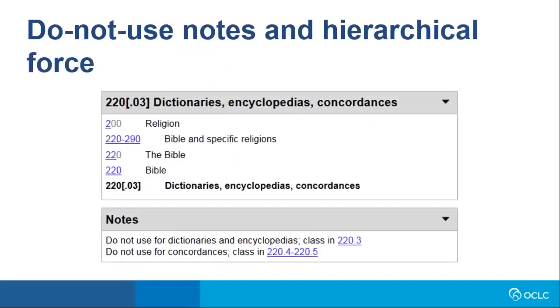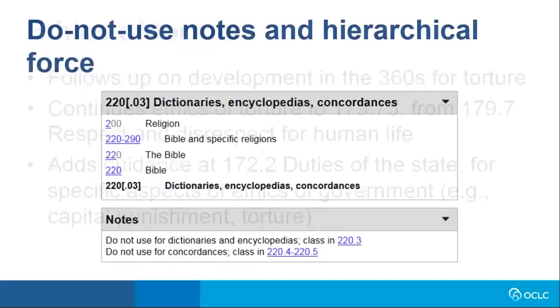It does mean that you cannot use subordinate notation from Table 1, such as 032 at this number either. So whether that has hierarchical force depends on which part of the hierarchy you're talking about, but the examples that we've included now in the introduction and how we have laid that out, I think, helps address that confusion.